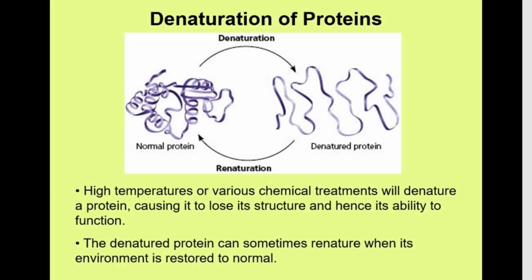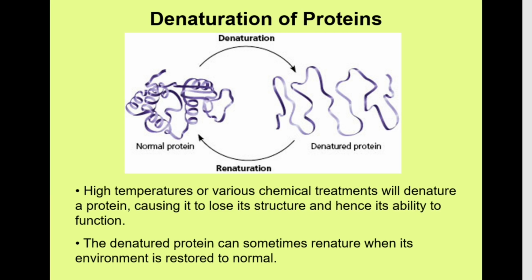And that unraveling of the protein structure is what we call denaturing or denaturation. Other things that will cause denaturation of proteins are things like pH. So hopefully you're familiar with that term. pH is the measure of acidity or how basic a solution is. Our proteins need to be within a specific pH range to maintain their structure.